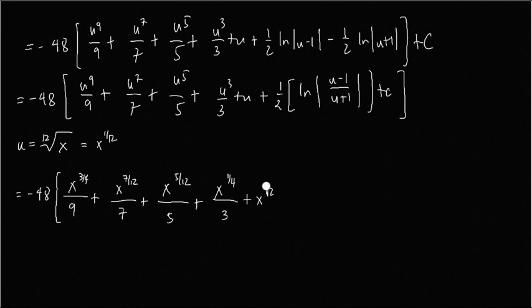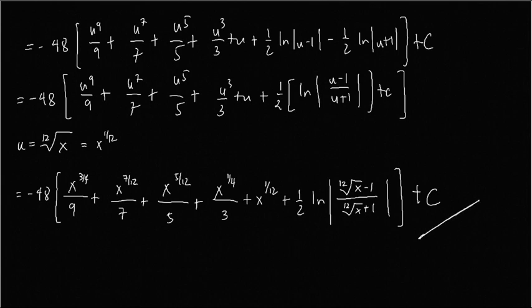X raised to 1/12. Plus 1/2 ln of, what is our u? Okay, we can write it as 12 root of x here, minus 1, divided by the 12 root of x plus 1, I close, plus c. Okay, so this will be our final answer for this problem.